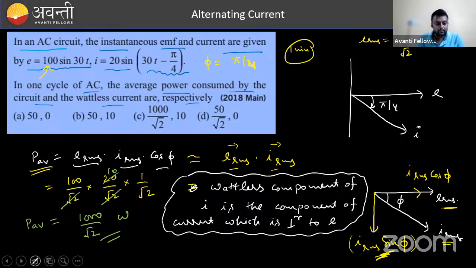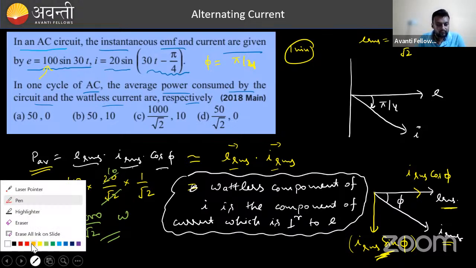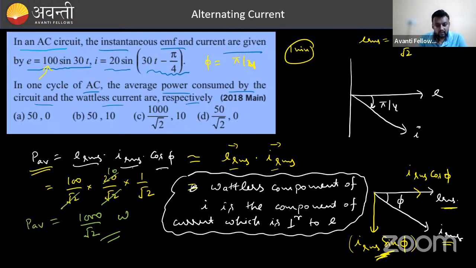If I say wattless component, or I will denote it by any symbol, I wattless, you can make any symbol out of your mind. So that is going to be IRMS sin phi. This is the perpendicular component, that is IRMS sin phi. Now it is your task to put the values.